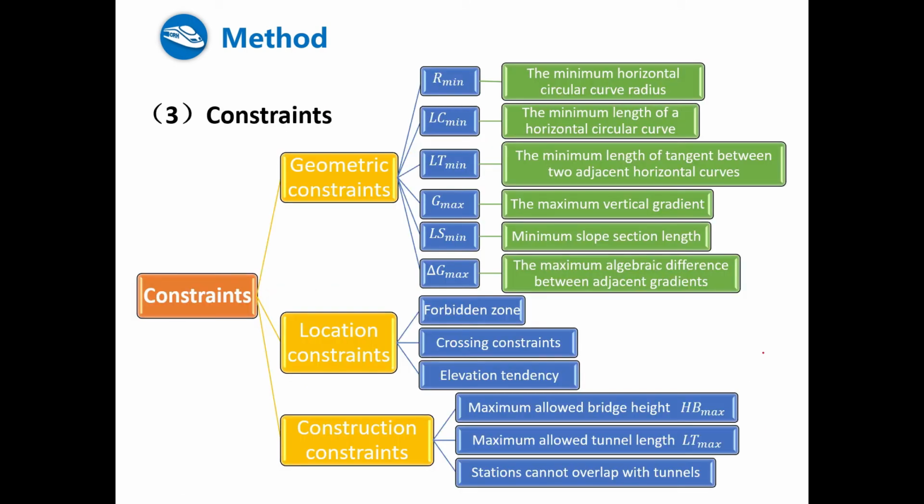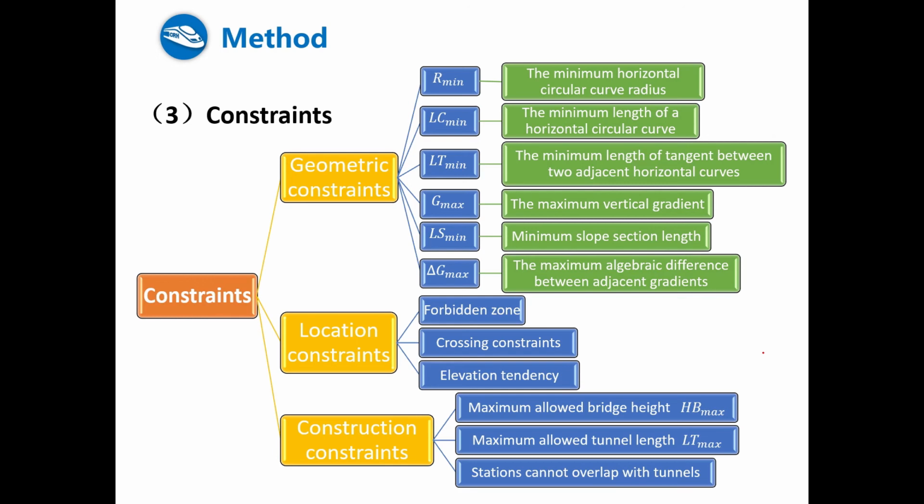The constraints in this study include geometrical constraints. This constraint mainly refers to the codes or specifications when designing a railway, and the location constraints, such as the forbidden zones and the crossing constraints.